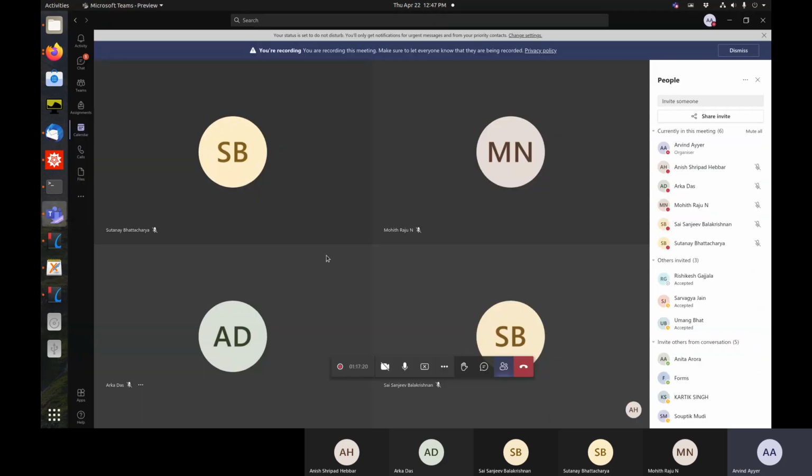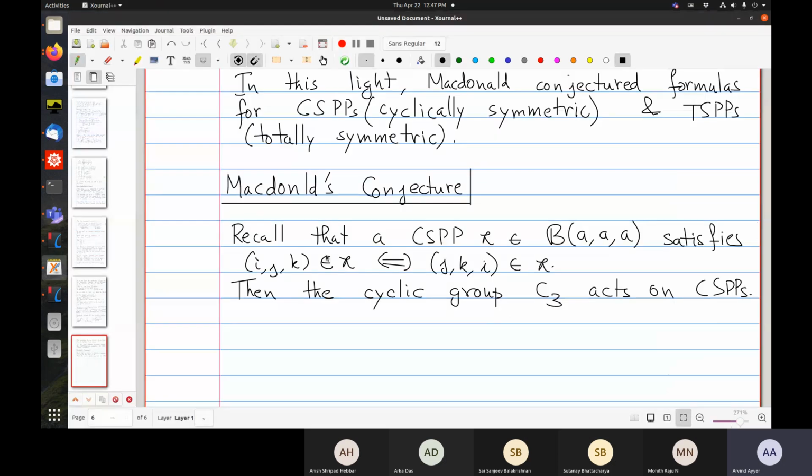So there will be singletons and tripletons. That's right. If you have all three coordinates equal, you will have only one element in the orbit, otherwise you will have three.